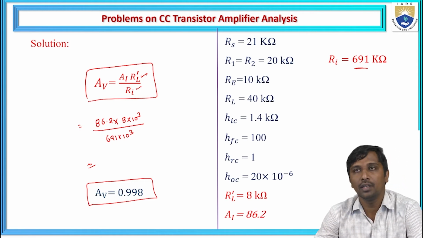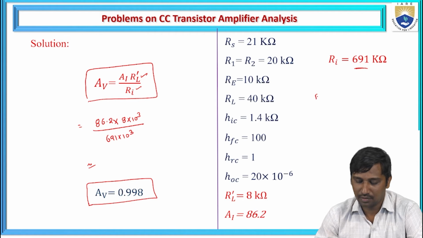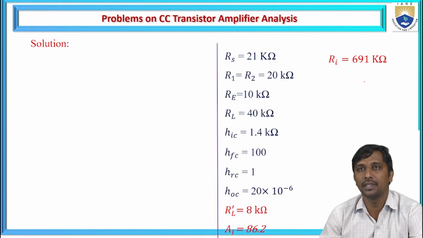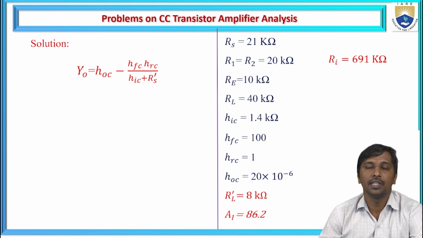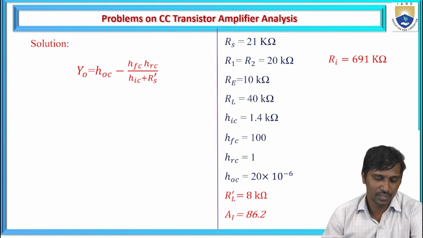So up to this point, we have observed the input impedance, current gain, and the voltage gain. Now we observe the output impedance. To identify it, first we need to calculate the output admittance.